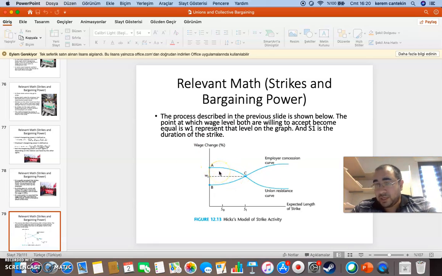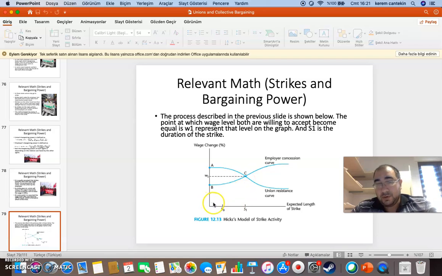I mean, they will both be more ready to compromise. This is the union resistance curve, and this is the employer concession curve. And the point where they meet will be the agreement.